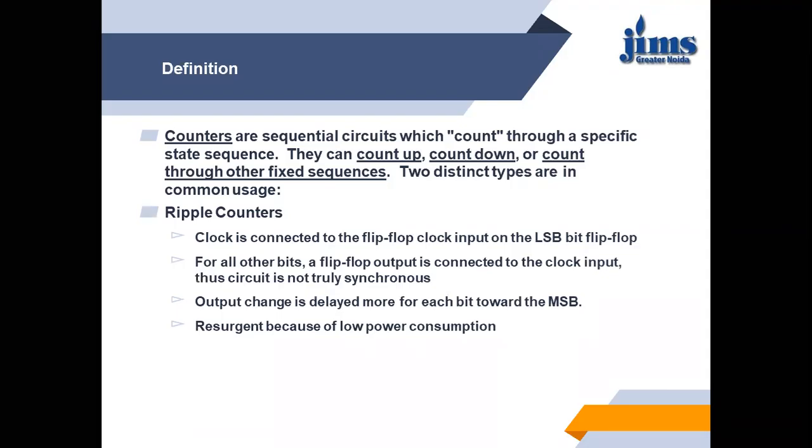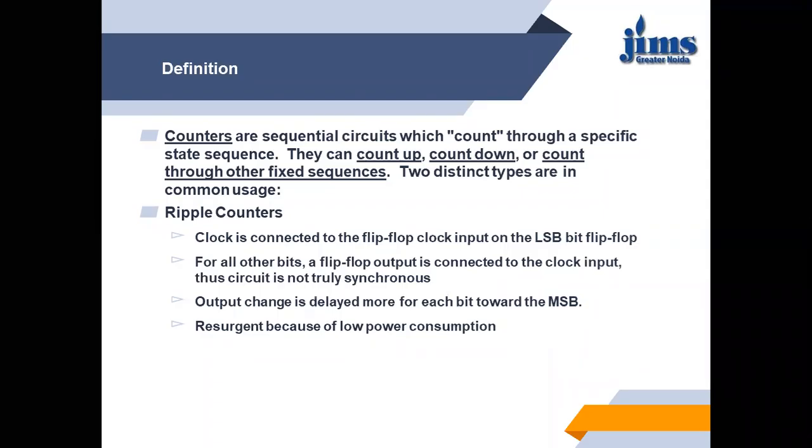In ripple counters, the clock is connected to the flip-flop clock input at the LSB bit of the counter. That means only one flip-flop will be connected to the master clock of the system. For all other bits, a flip-flop output is connected to the clock input.